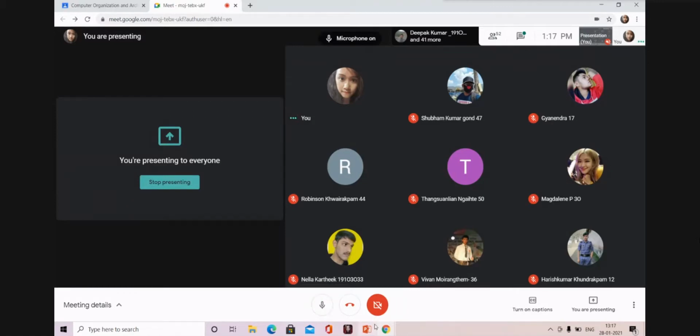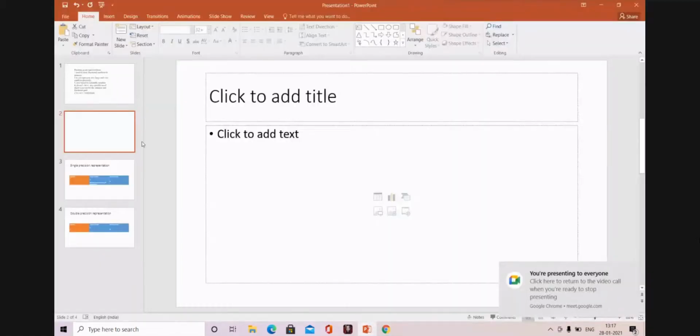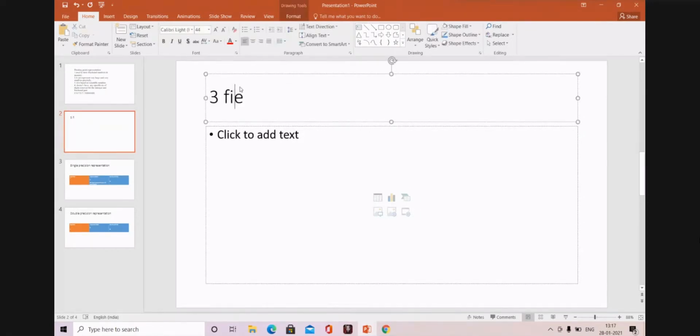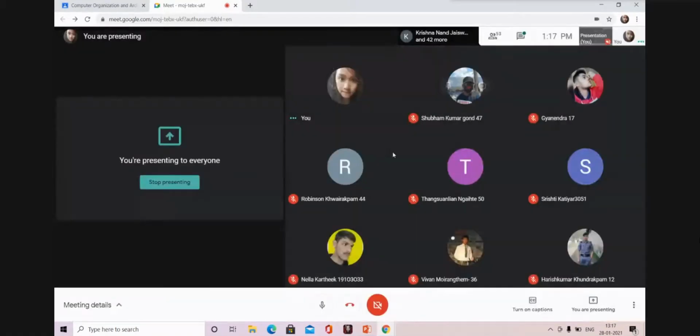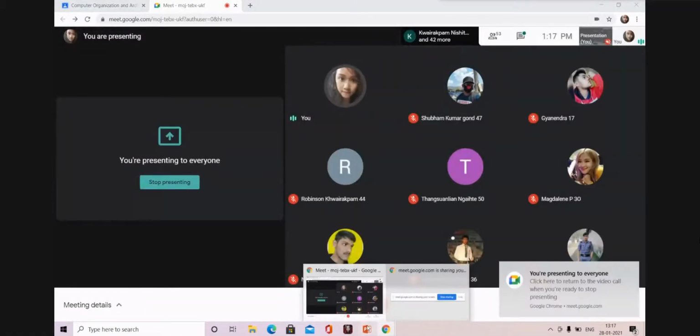Okay, let me continue. As I told you, this floating point representation is used to store very large numbers as well as very small numbers and fractional numbers. This floating point representation basically has three fields.